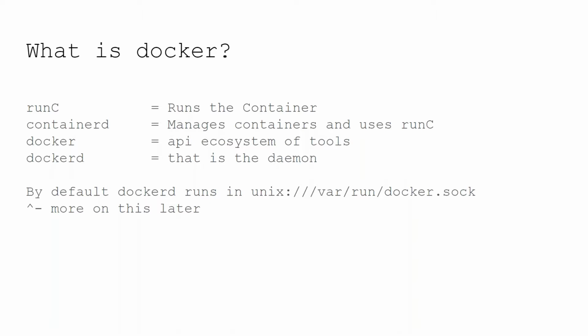But before that, they open sourced a bunch of this stuff. runc is what runs the container and does all the kernel work. containerd manages the containers themselves and uses runc to run them. Then there's the Docker daemon, dockerd, which controls how it operates. By default, it's bound to a Unix socket. We'll talk about that in a minute.